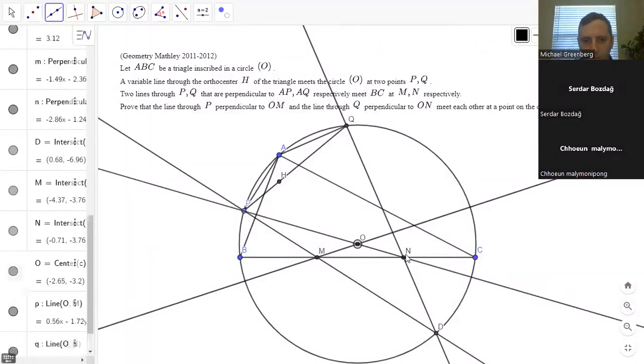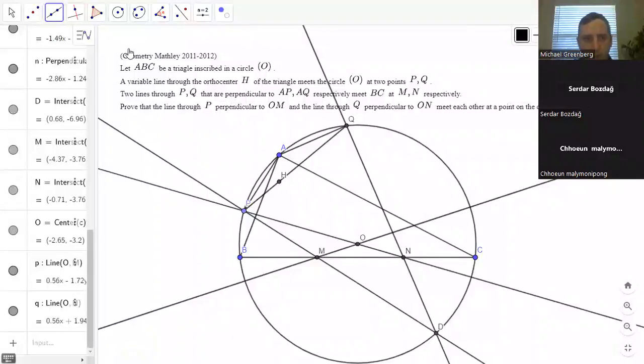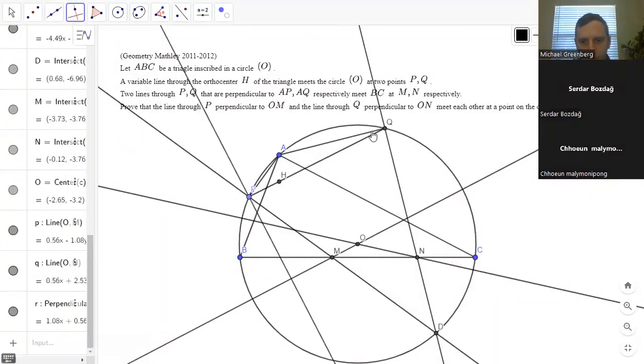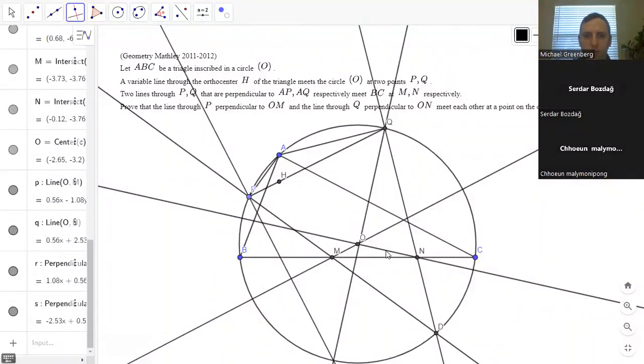And we want to show the perpendiculars to those. Let me make this look better. Perpendicular through P to OM and Q to ON. We want to show those meet on the circle. That's kind of interesting. Okay.